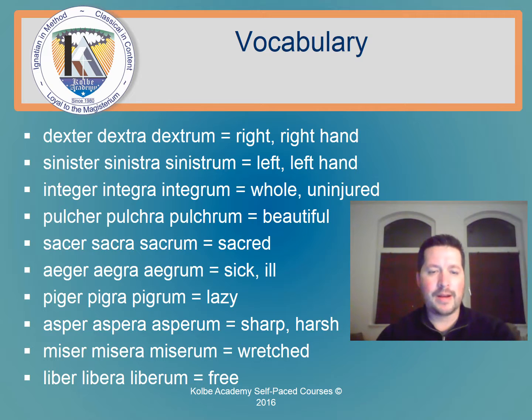And then we have liber, libera, liberum, which means free, free. And again, the e stays there, liber, libera, liberum, free. This one also has liberty as a derivative. I think it's a very easy one to remember, along with miser.